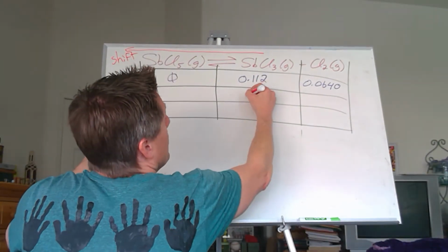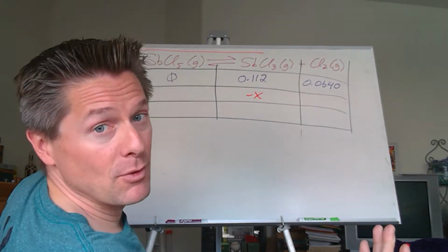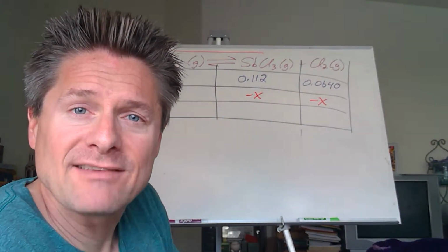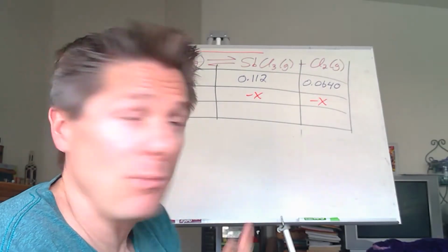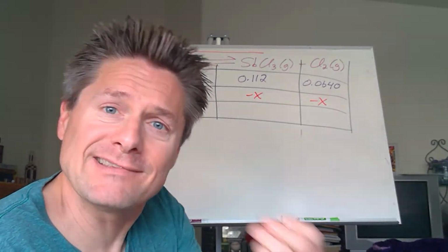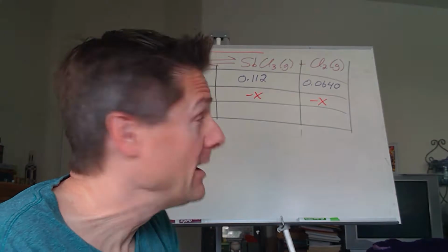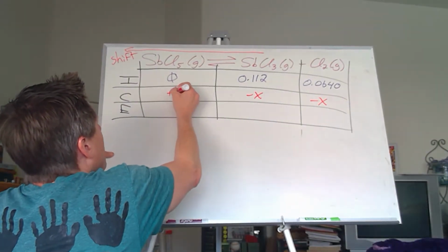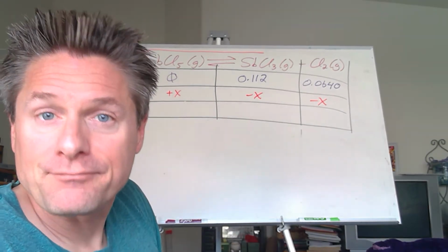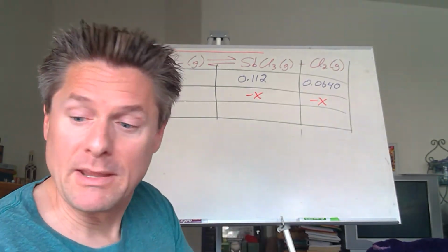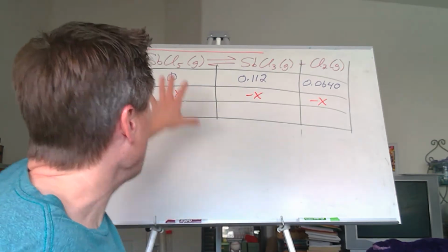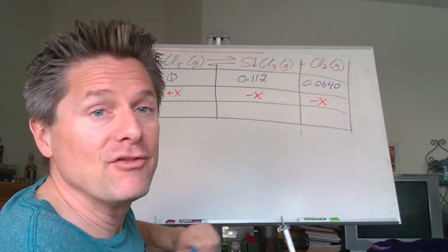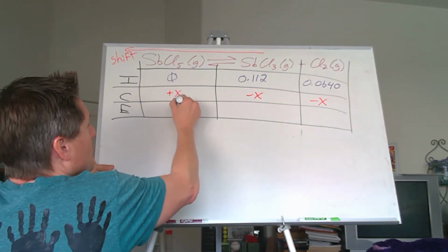So I'm going to be losing X of the antimony trichloride and losing X of the diatomic chlorine gas because it's shifting away from them, and they both have a coefficient of 1, so they're both losing X. X is the amount that they're going down. On the product side, the antimony pentachloride, I'm going to be forming X of that. That is the amount that that's going to be produced. So now I can put these together and take the initial amount and add the change that occurs. So 0 plus X will just be X.